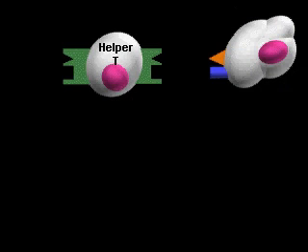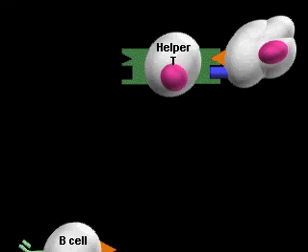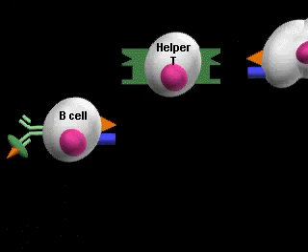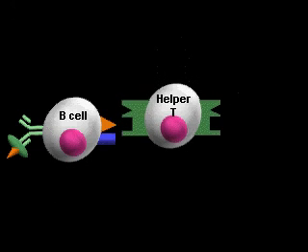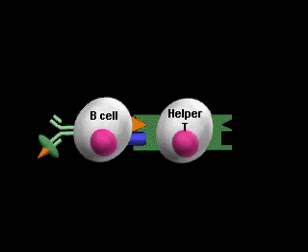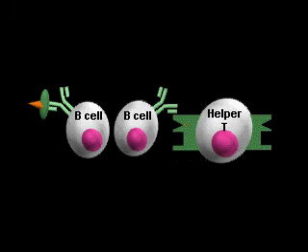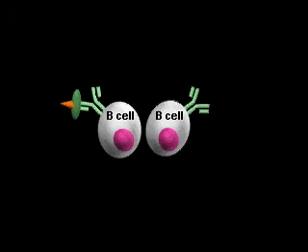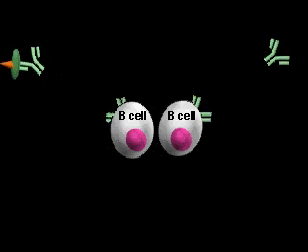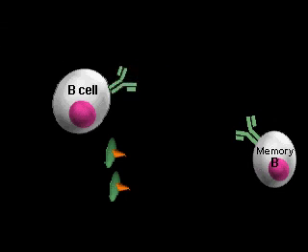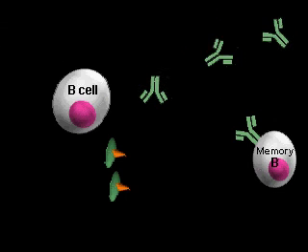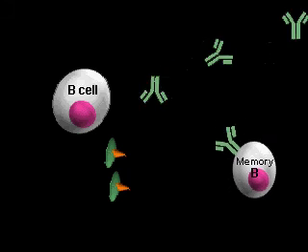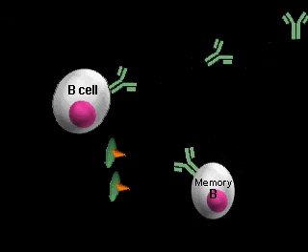Stimulated by the macrophage's expression of antigen MHC complexes, helper T cells interact with sensitized B cells, causing them to divide rapidly. Some B cell progeny secrete antibodies, while others become memory B cells.